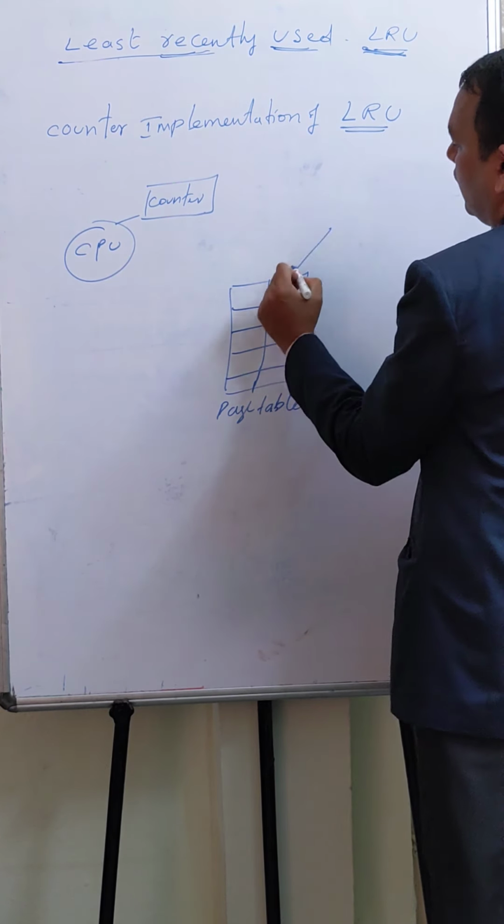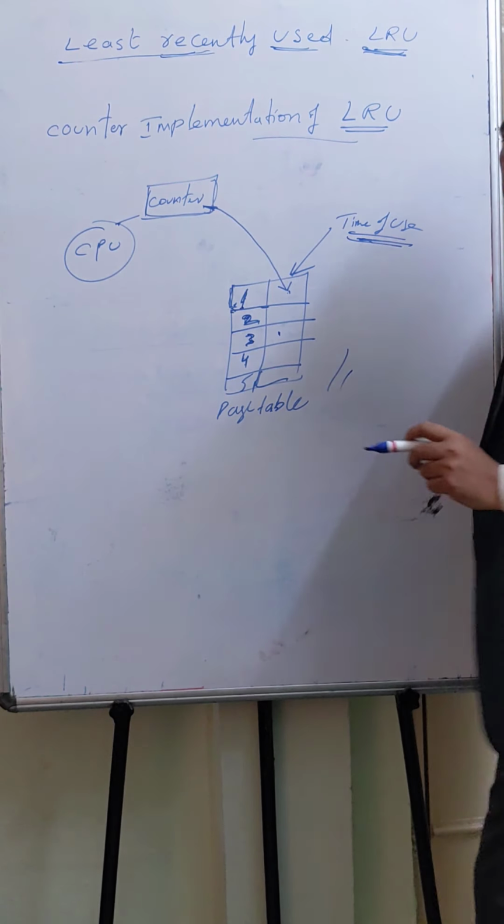Suppose 3 is to be accessed, then it will be copied. It means the lowest value in time of use is the least recently used page. Then that particular page is going to be replaced. Okay, my friends, this is the counter implementation of LRU.